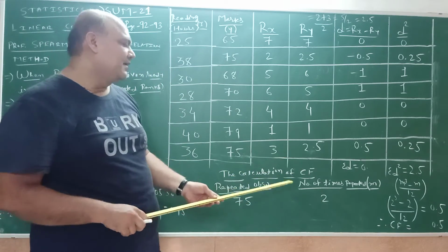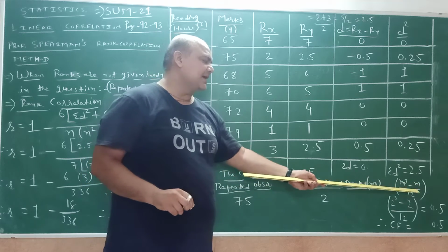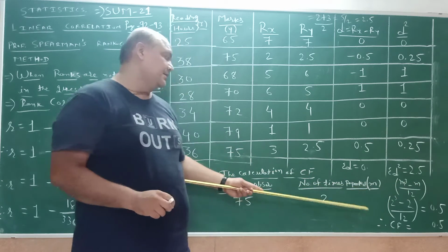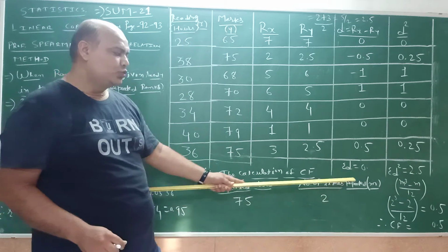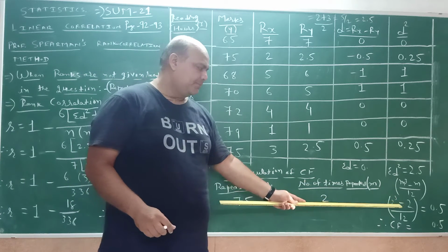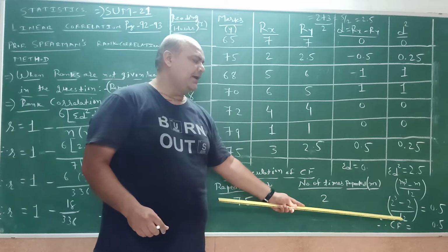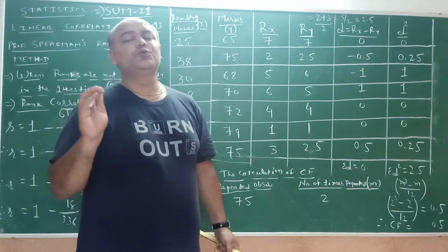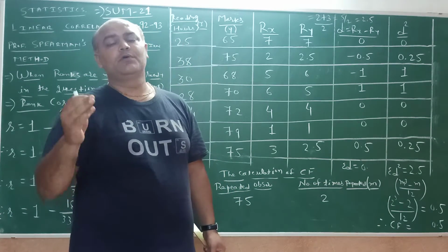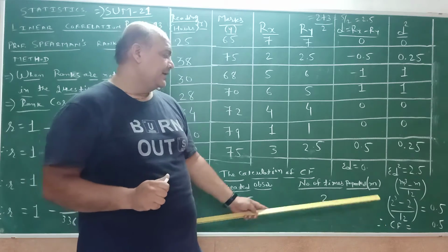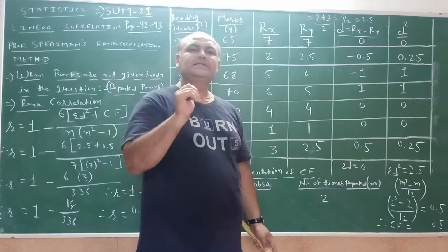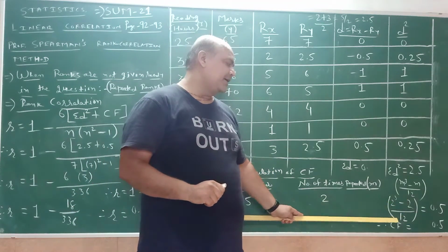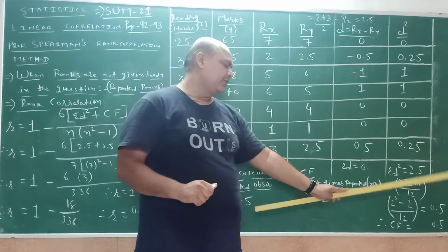Clear? Now m cube minus m divided by 12. m means 2, so 2 cube minus 2 divided by 12. 2 cube means 2 into 2 into 2, that is 2 2s are 4, 4 2s are 8. 8 minus 2, that is 6. 6 divided by 12, that is 0.5.